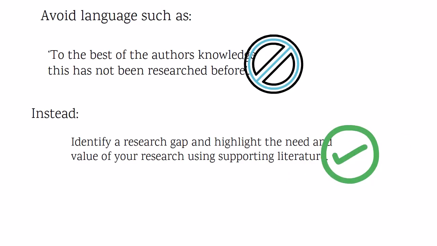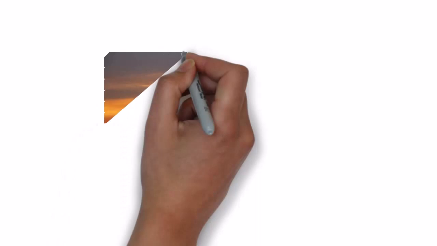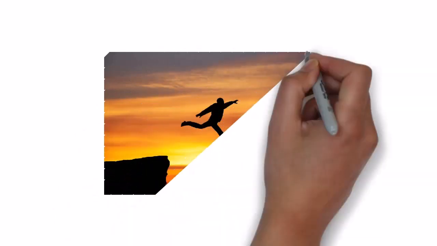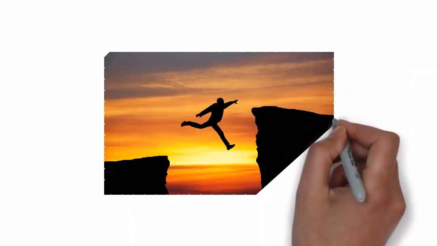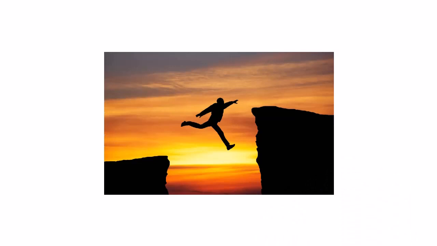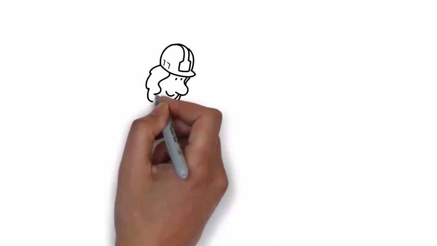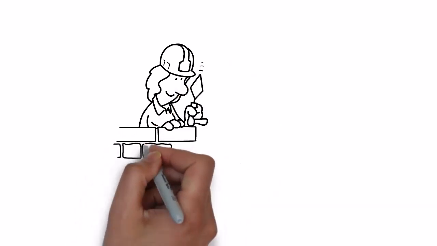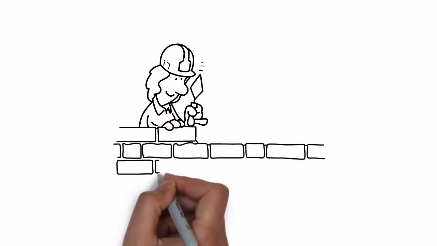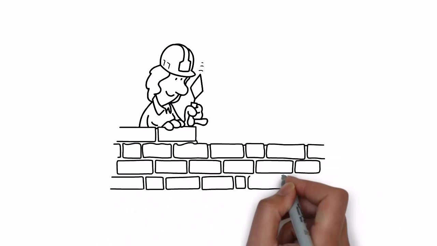So I think it's important not to get overly focused on just trying to explain a particular gap, as in this is something that's never been done before, but it's really valuable in order to highlight a contribution, the value of your research and how it's building on other research.